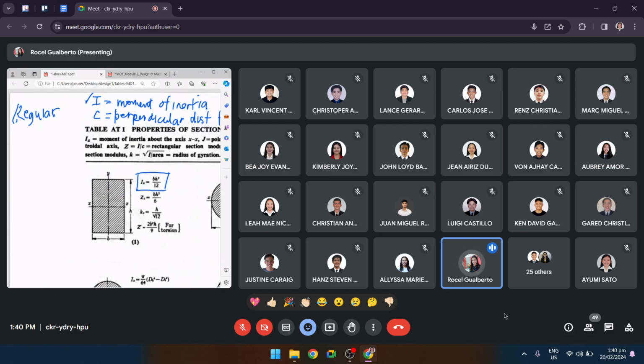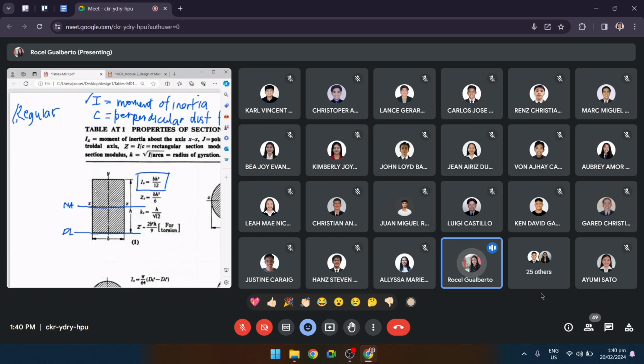We all know for a rectangular cross section, the neutral axis is at the center, since this is symmetrical. So this is your neutral axis, and then this is the datum line. We set the bottom as the datum line, so we label that DL.